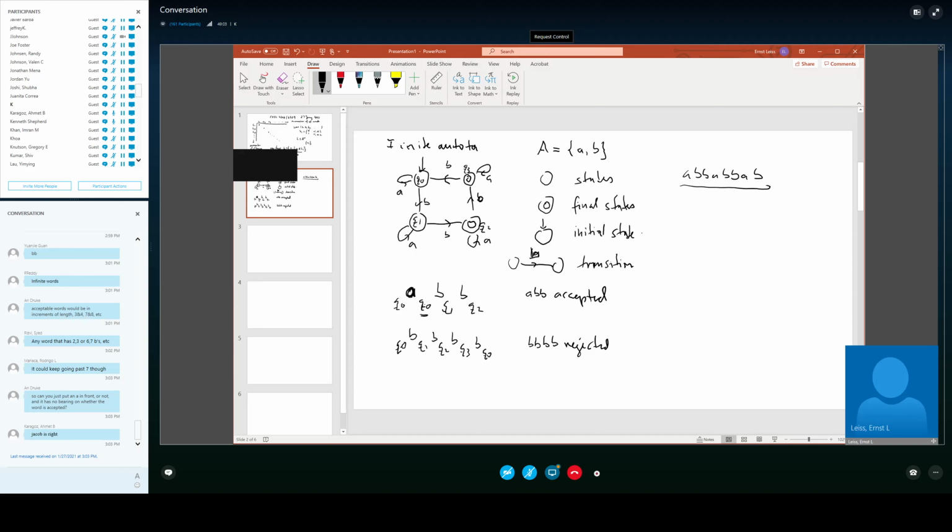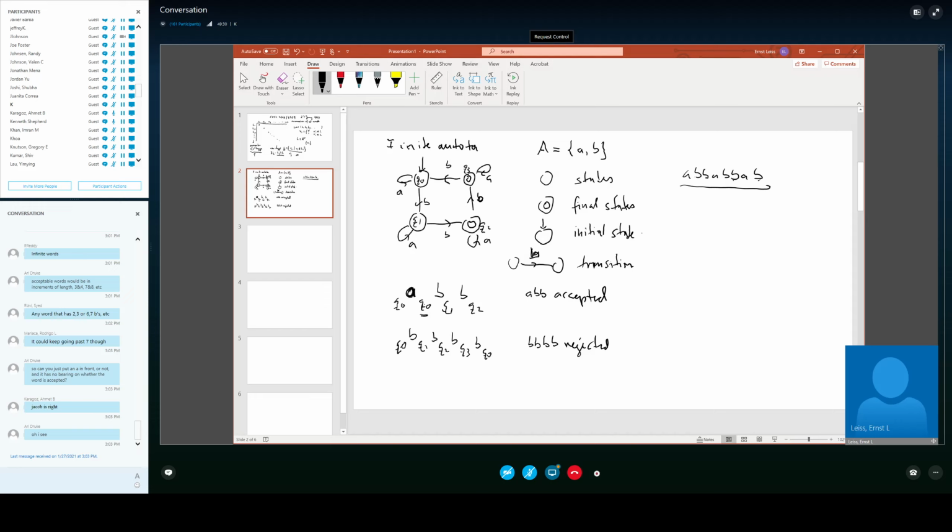If you have a word, strip out all the A's. So this word has 1, 2, 3, 4, 5 B's, and where does it end? It ends in Q1, and Q1 is not a final state, and therefore that word is not accepted.